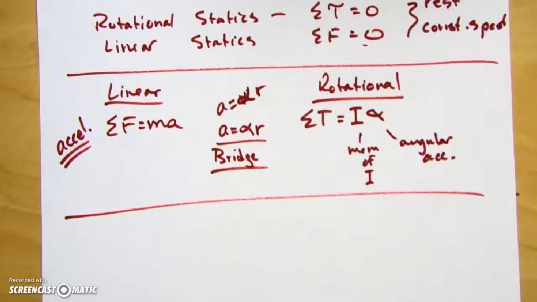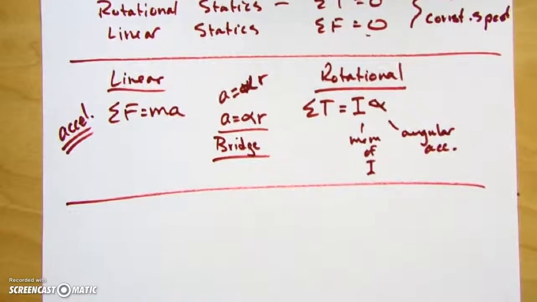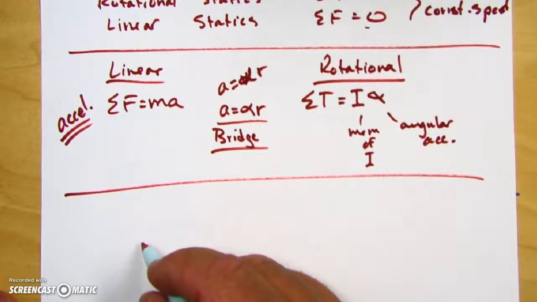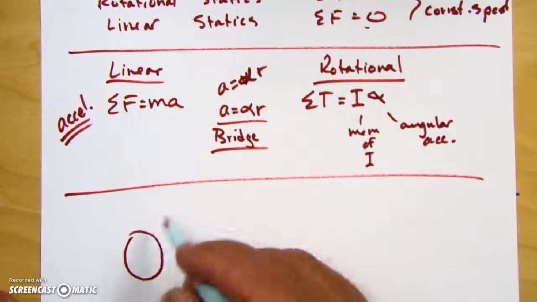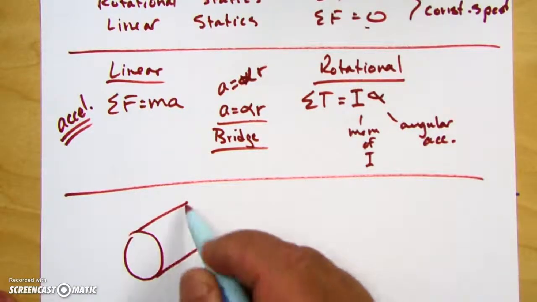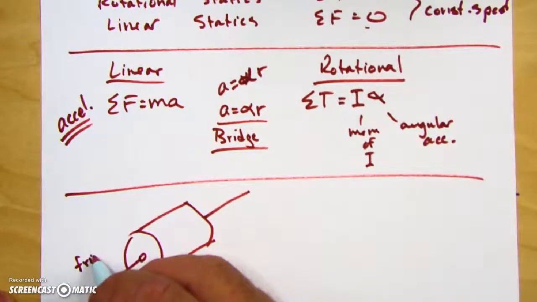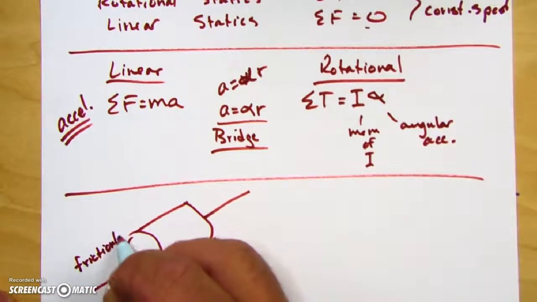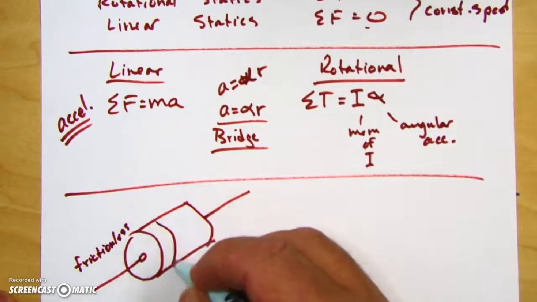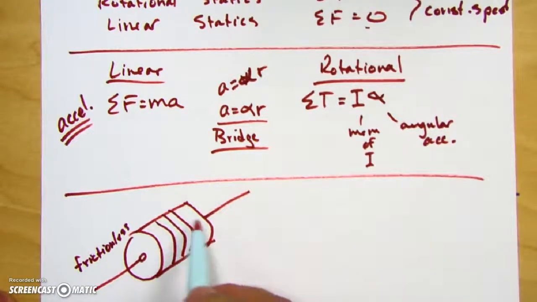Okay, let's look at a sample problem and let's apply this. Let's take a cylinder, and it's going to pivot about a rod in the center. We're going to make the rod frictionless, and what we're going to do is wrap string around it, and then we're going to pull the string off.